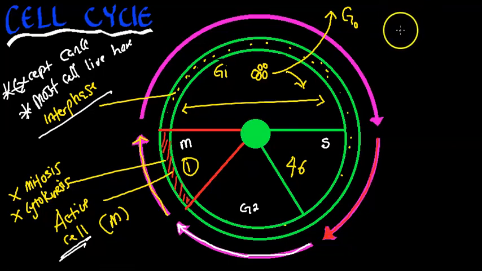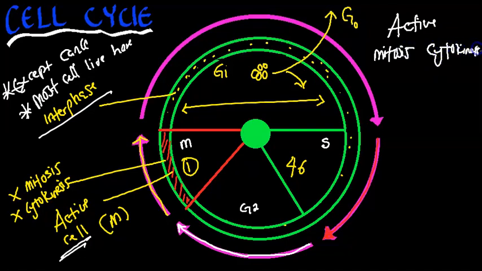We're talking about the active cell, and it is divided into two, which are mitosis and cytokinesis. When we say mitosis, this is simply nuclear division, and when we say cytokinesis, this is the division of the cytoplasm.